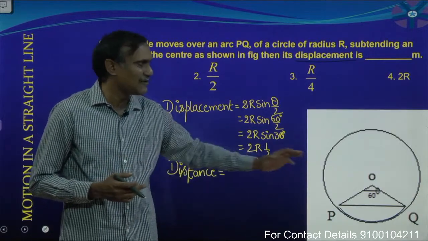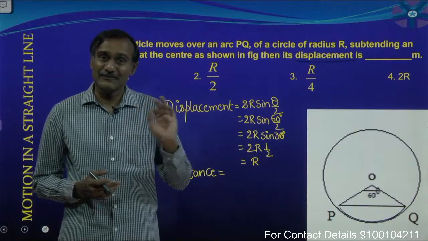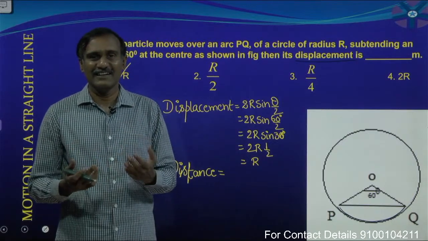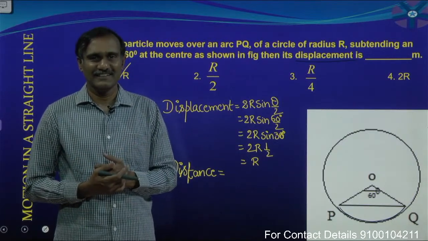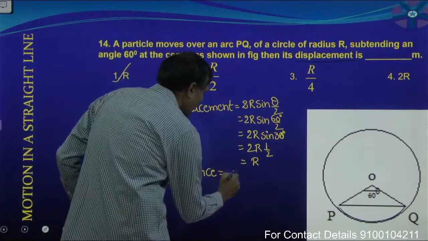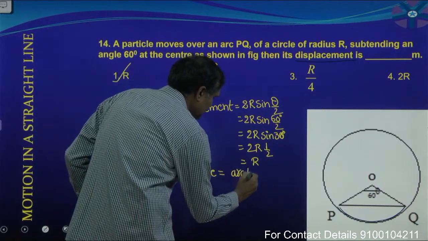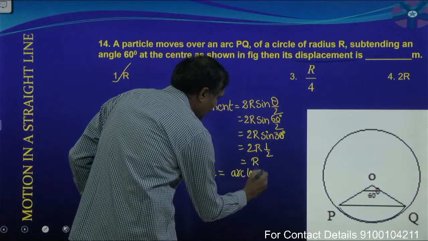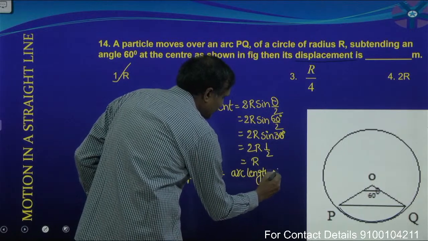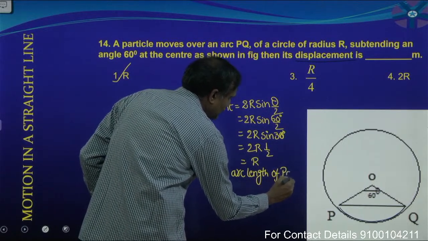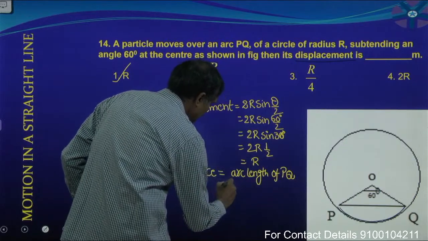Already we derived one result for this, that is arc length. Distance is nothing but the arc length of PQ.